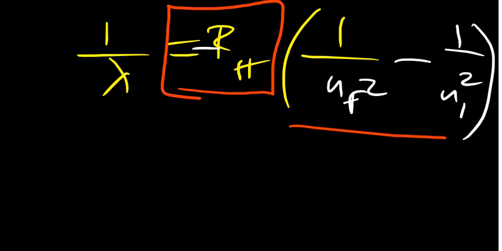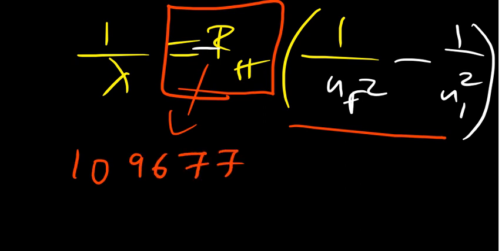And for this one, it's a constant that they are going to give you, so you don't have to worry about it. Are we together? So this is Liebig's equation.